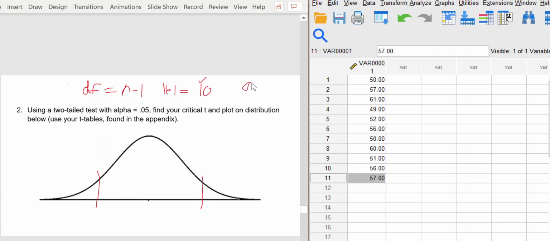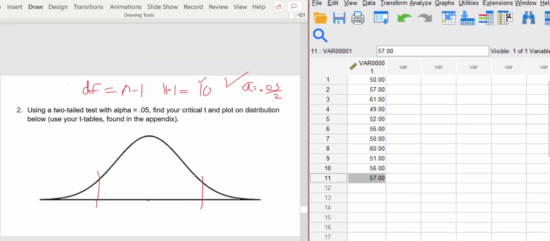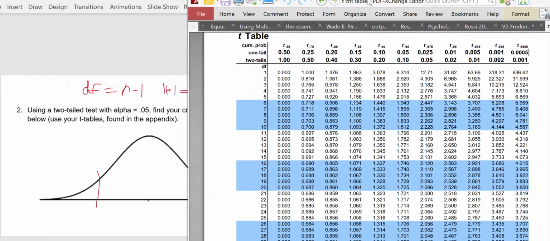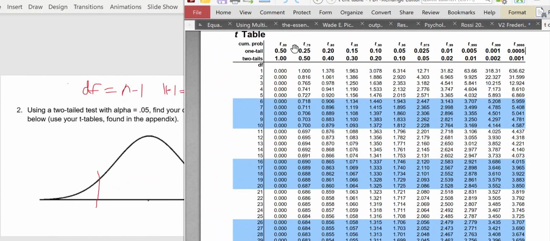And we have our alpha set at 0.05, and we're going to be dividing this 0.05 by 2. And that's what we'll do with the t table. Let me go ahead and pull that up. It's right here, our handy dandy t table.